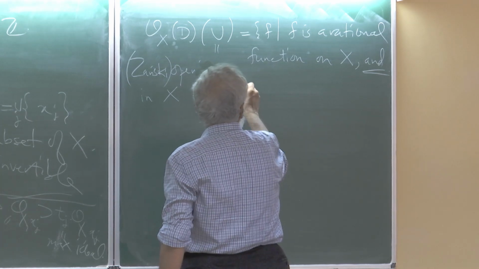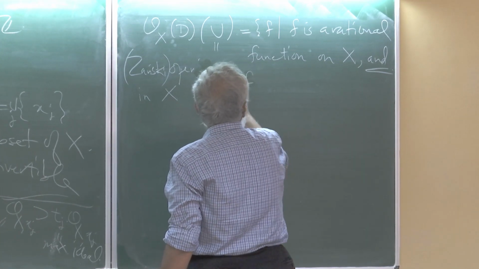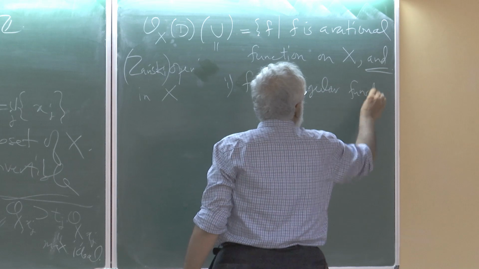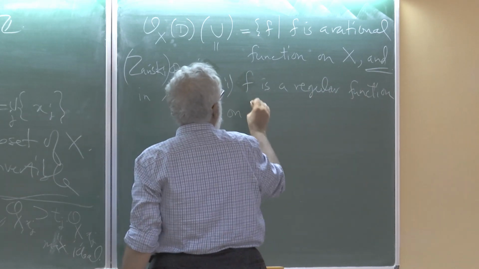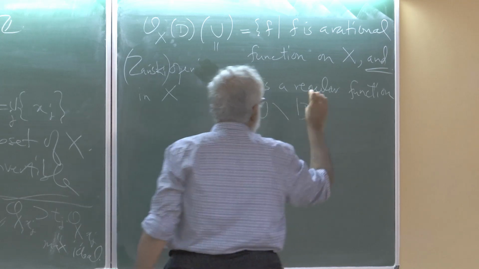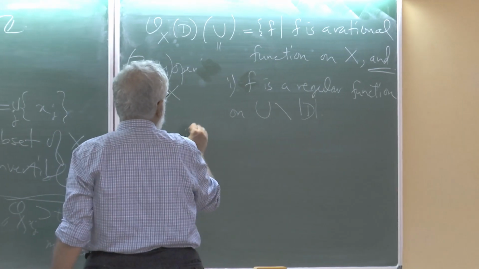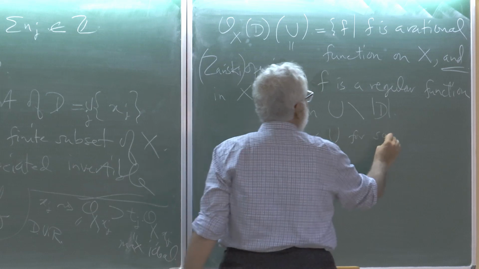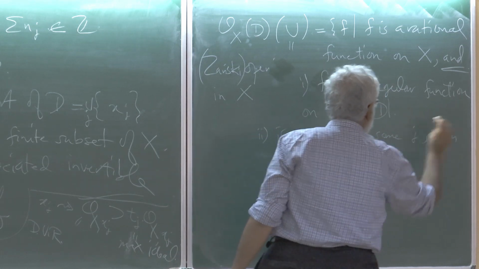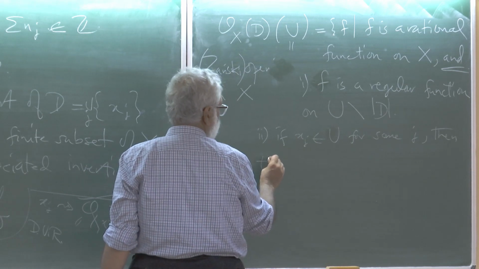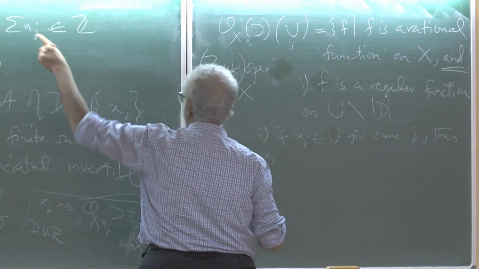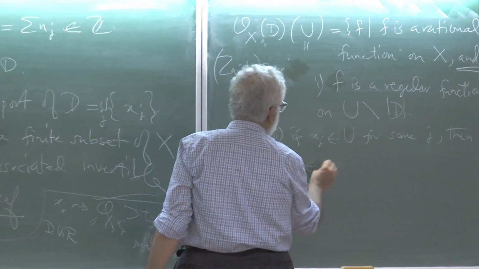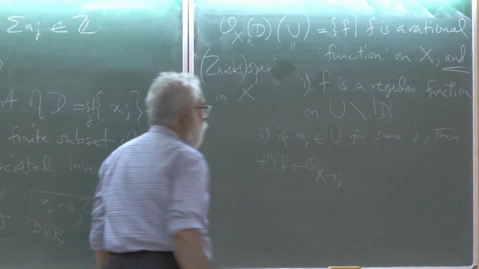And the conditions: one, f is a regular function, it has no poles or zeros, on U minus the support of D. And two, if x_j belongs to U for some j, then t raised to the power n_j, where n_j is the coefficient of x_j, times f belongs to the local ring O_{X,x_j}. That's the condition.